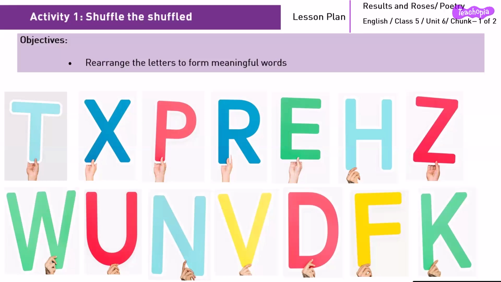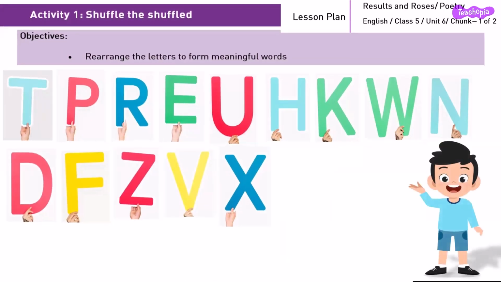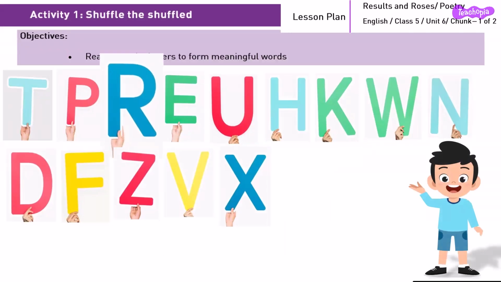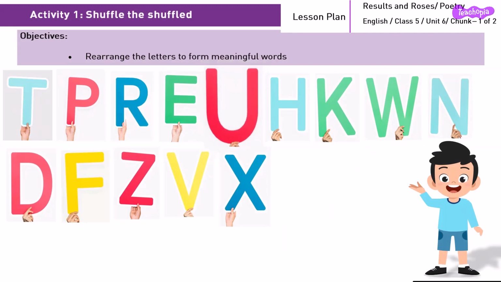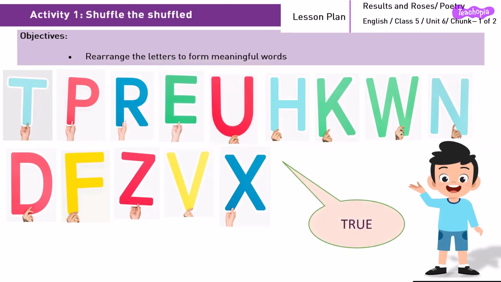For example, if we ask him to find a 4-letter word, he can take T, R, U, E, and say, I found the word true.